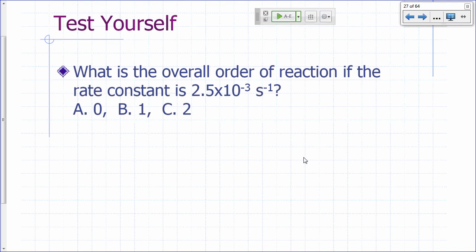So let's look at this one. What is the overall order of reaction if the rate constant is 2.5 times 10 to the negative 3 per second? You're given the unit for the rate constant. Ready?